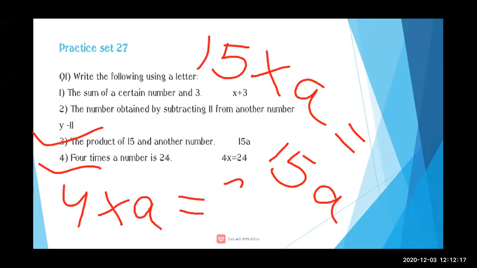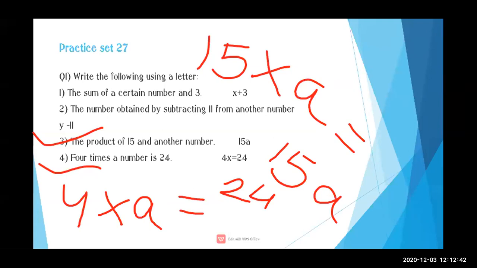So we will write here 24. We will write it in the form of an equation, that is 4 multiplied by a equal to 24. When we read this, 4 times a number is 24.